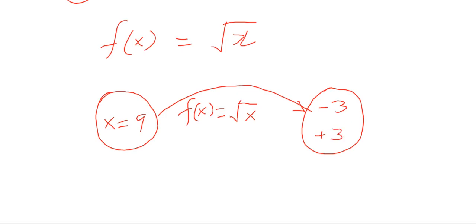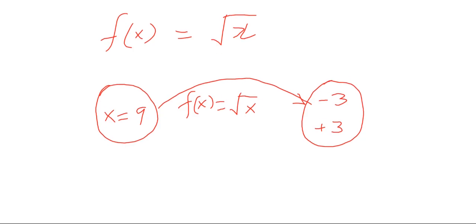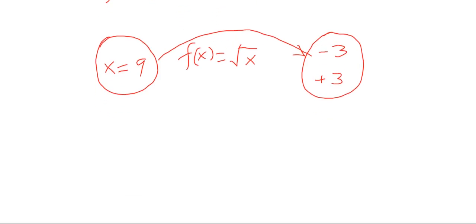So in this case, there are two outputs corresponding to a single input. Such a function is not a single-valued function. So a function which is not single-valued cannot be expressed as a Fourier series. So we require that a function be single-valued.